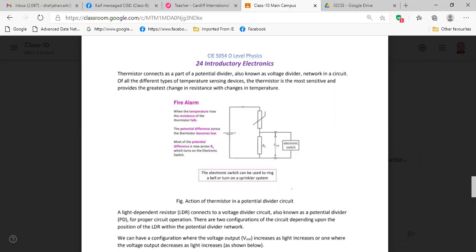Just now we did. So if the voltage is more here, then we can say the output V out is more here, isn't it?